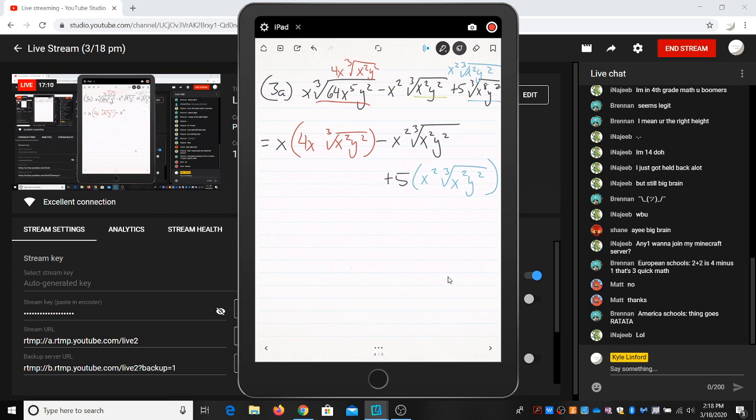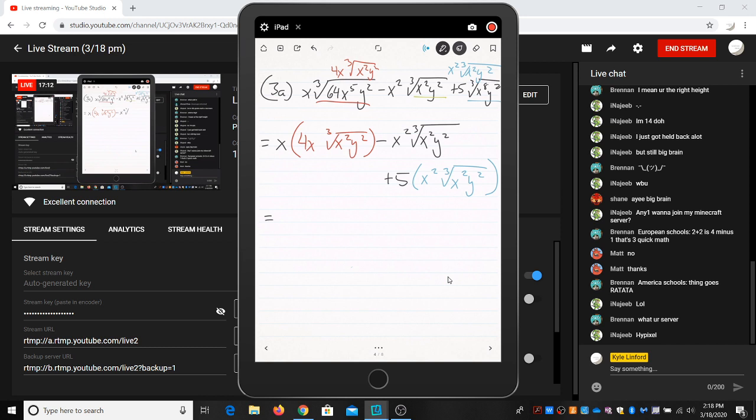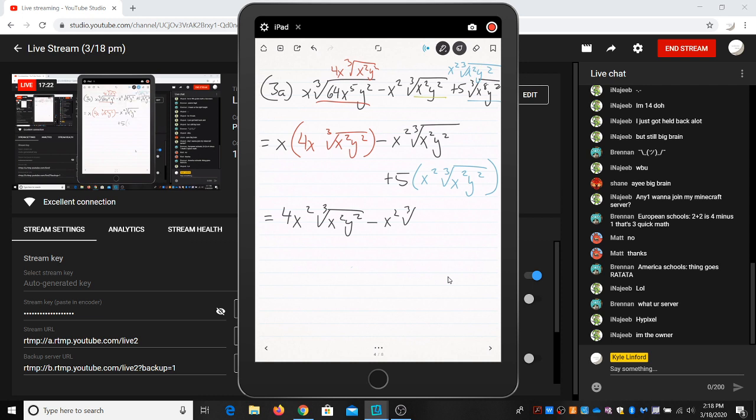And then, let's start simplifying everything. 4x squared cube root of x squared y squared, minus the x squared and the cube root of x squared y squared, plus 5x squared and the cube root of x squared y squared.